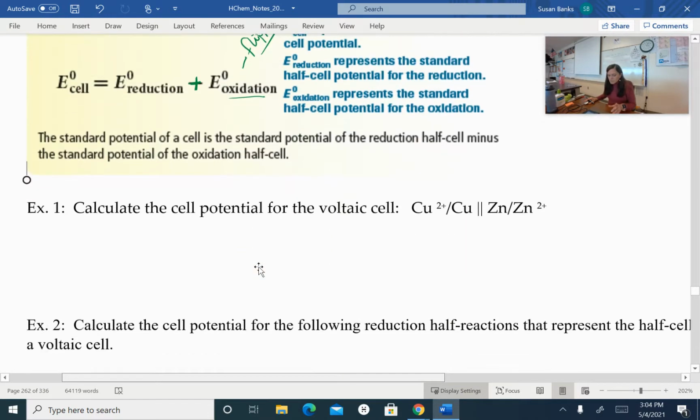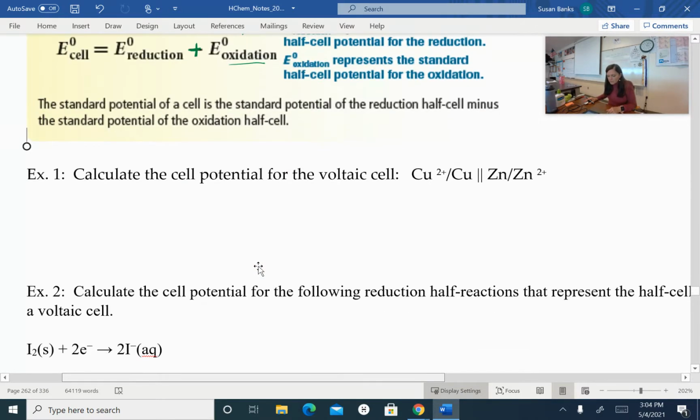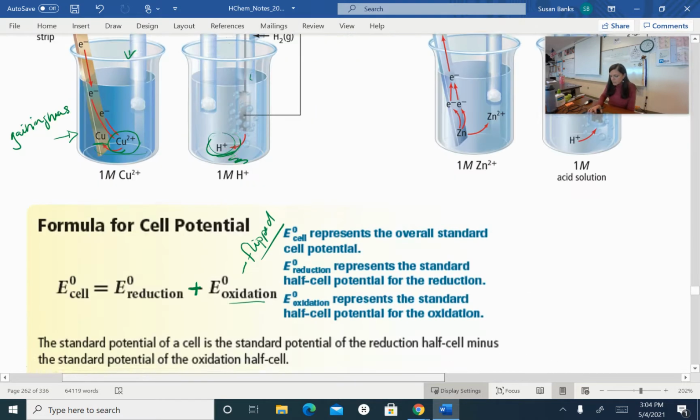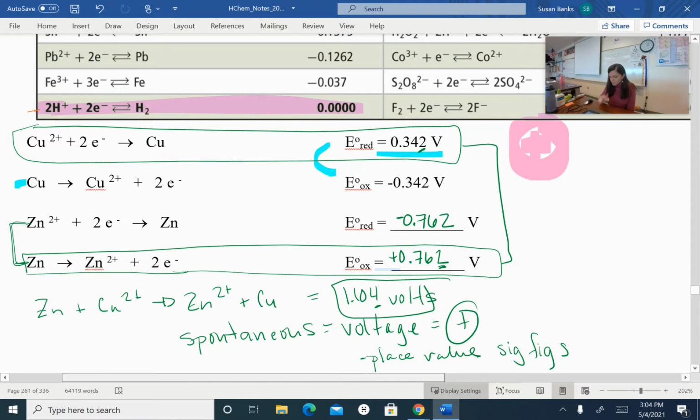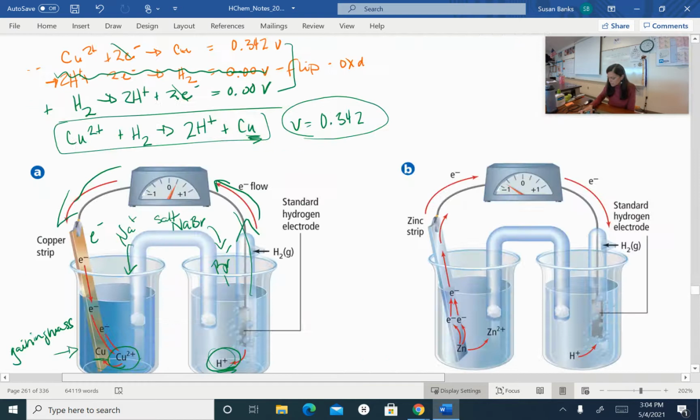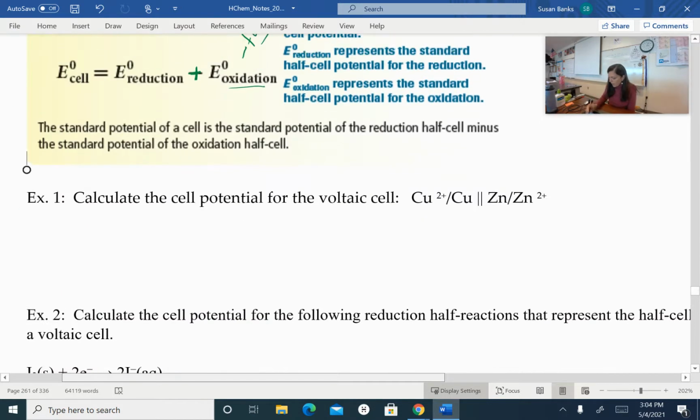Okay? So we want to calculate the cell potential for copper plus 2 going to solid copper and zinc plus 2. And we've already done this. So we're going to look at this value here. So copper plus 2 going to solid copper is a positive 0.342. Okay?